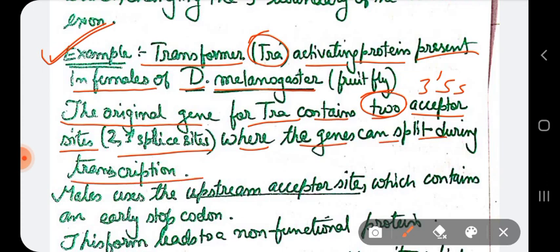So the transformer activating protein is encoded by certain genes, and that gene has many exons and introns between them, and it has two different acceptor sites, two different 3 prime splice sites where the genes can split during the transcription process.